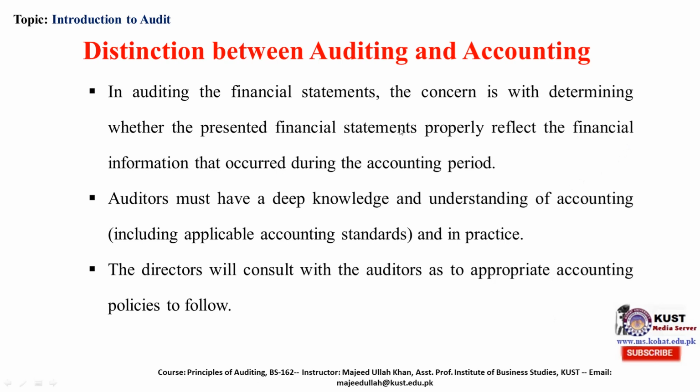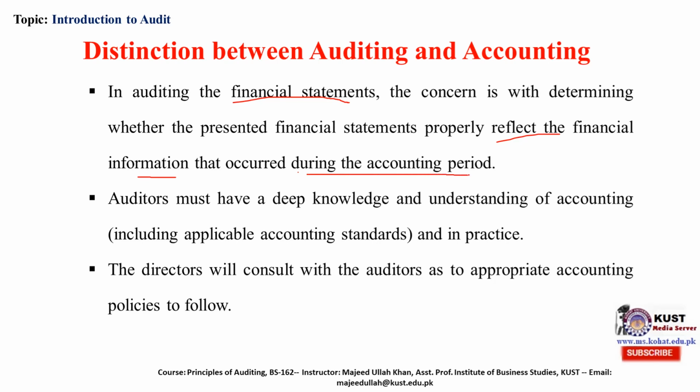So what is audit? Audit is basically all about examination of these financial statements, to see that they are presented in a way that properly reflects the financial information that occurred during the accounting period.